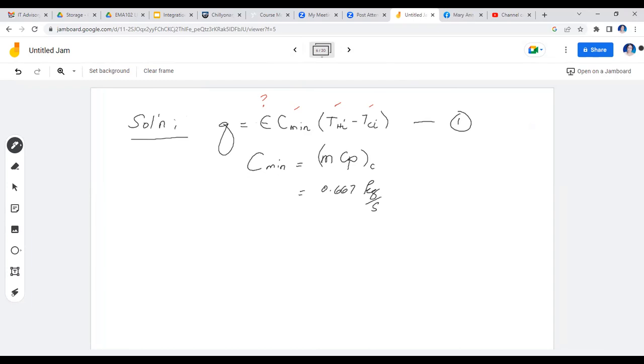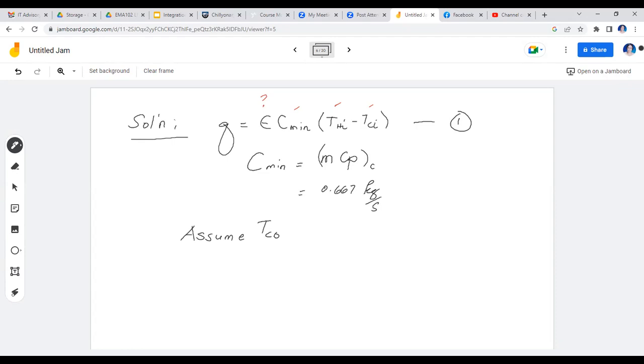If you read the sample problem of John Kuplis, he averages the outlet temperature of the water with the inlet temperature to get the CP at that average temperature. And if you notice, we don't have the outlet temperature of water. So before we can solve for this C minimum, we need to assume. This is a problem which needs you to assume the outlet temperature of the cold water.